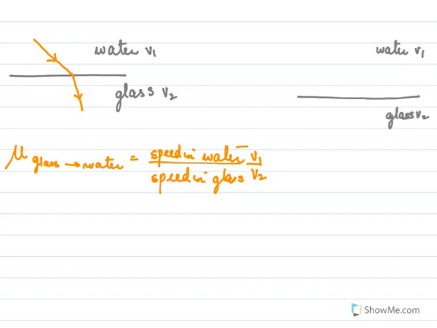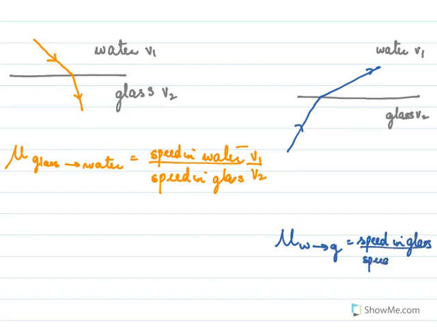But if the reverse happened, if light traveled from glass to water, then we would get the refractive index of water with respect to glass, and that would be speed in glass over speed in water, V2 over V1.